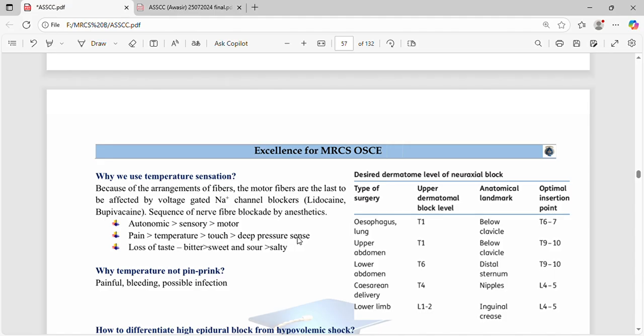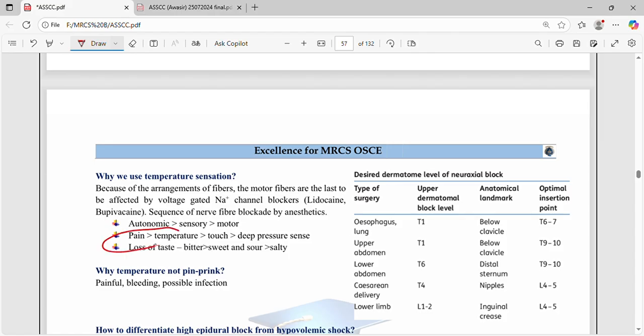You don't have to test the pain sensation because you are giving analgesia, so what's the purpose? What can you use instead of it? You check the temperature. If the temperature is lost, the pain is already lost. This is the trick with this order. So if temperature is gone, pain is already gone.